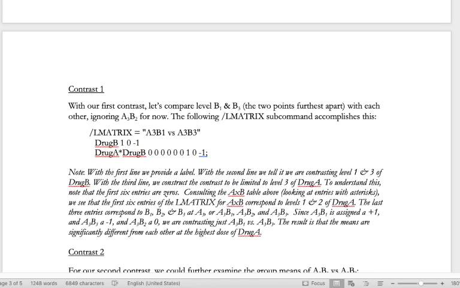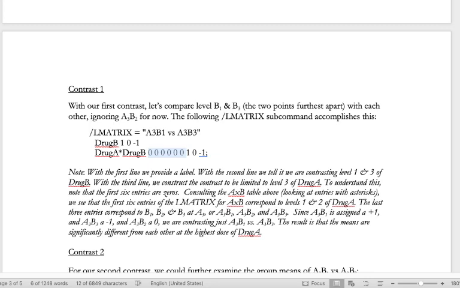Here is where we're starting to look at individual cells. So looking at individual cells, all of these zeros are saying ignore all of these cells. Remember, these are the same as those contrast coefficients that we were dealing with last lab.